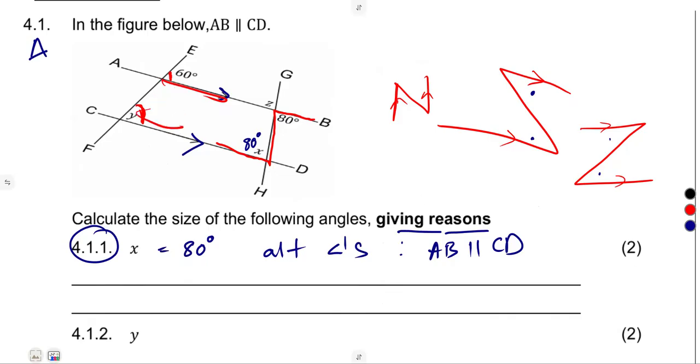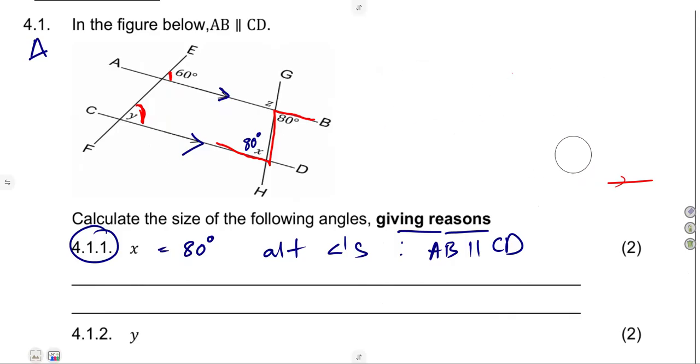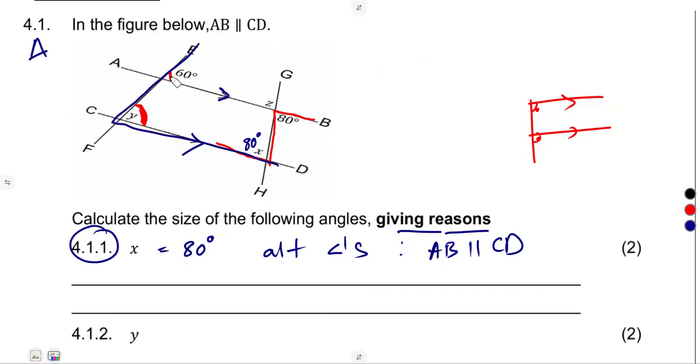Remember those angles that do form an F, corresponding angles. This one is inside, this one is outside. So we've got this one, which is inside our parallel lines from the F. We can have our F like this, as we can see. So that's y and 60 degrees.